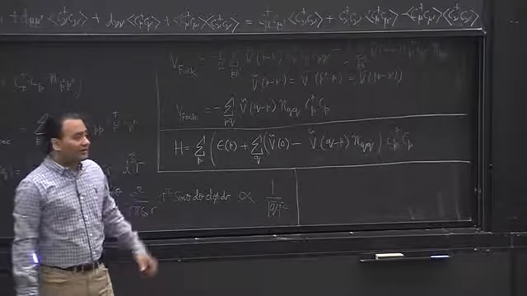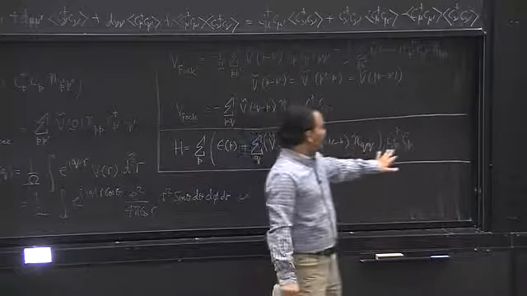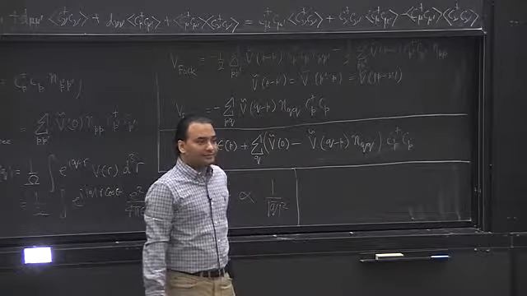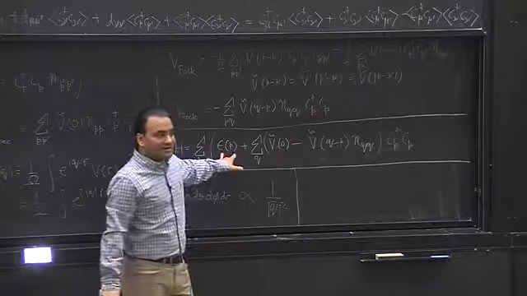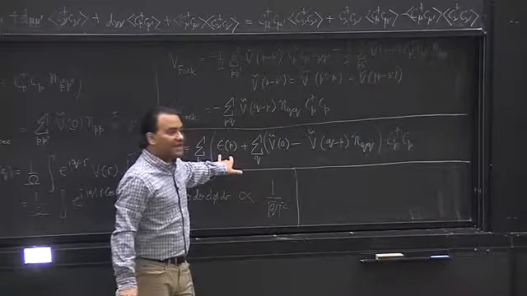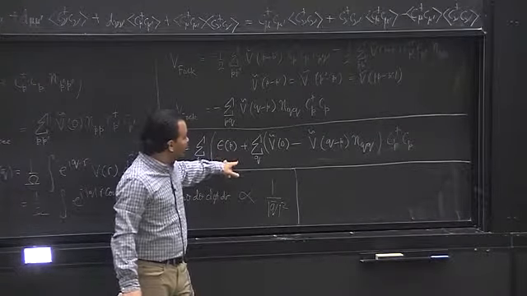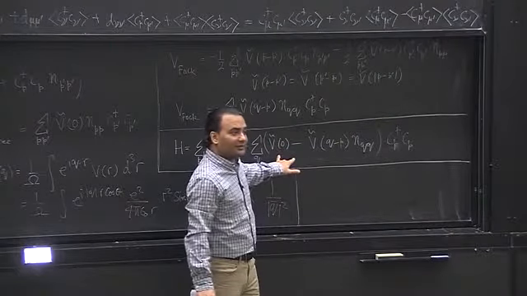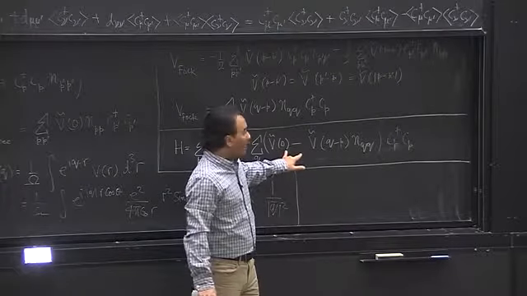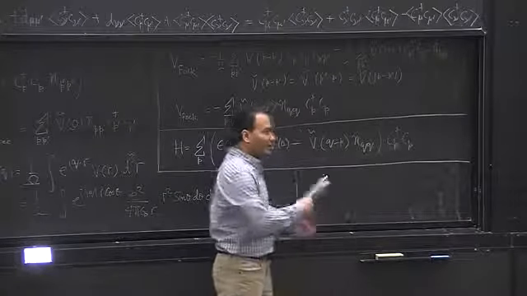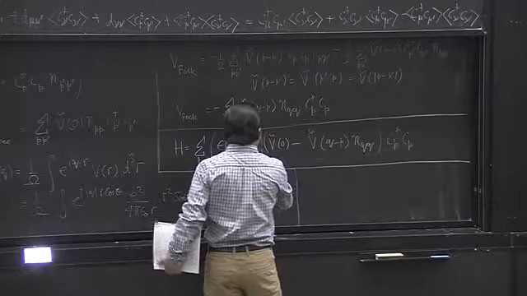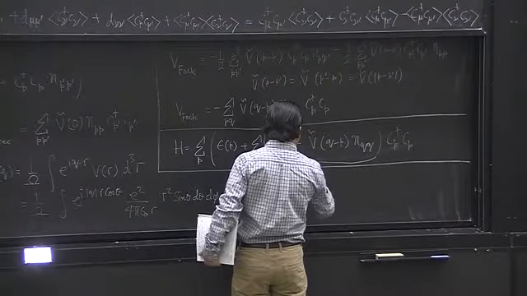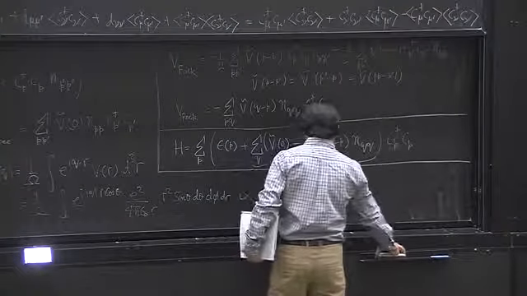Now, this Hamiltonian has only single particle terms. So this is the original dispersion. To this original, non-interacting energy, you have to add something that depends on interactions. And this whole quantity, what you have added to the Hamiltonian, is called the self-energy.